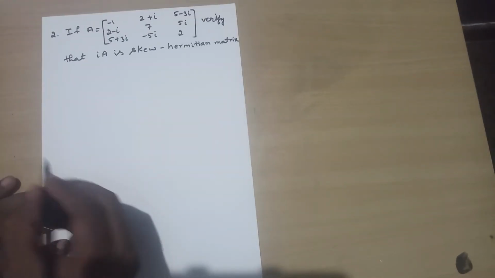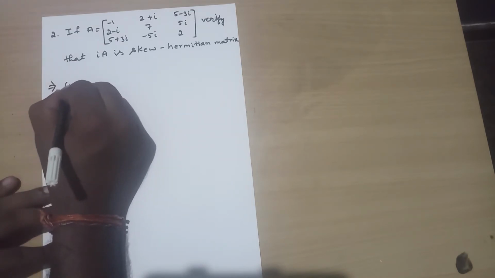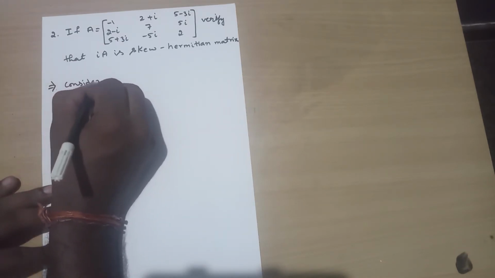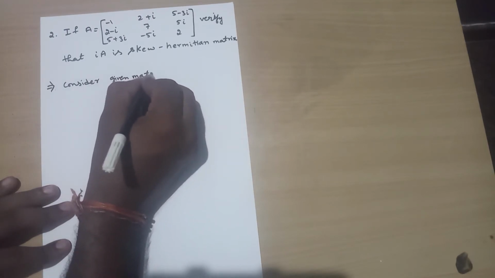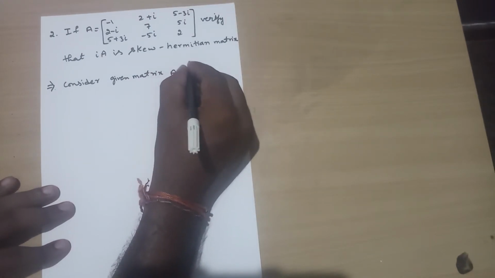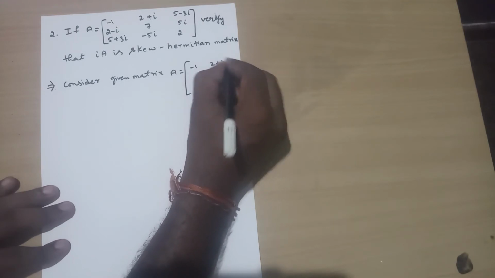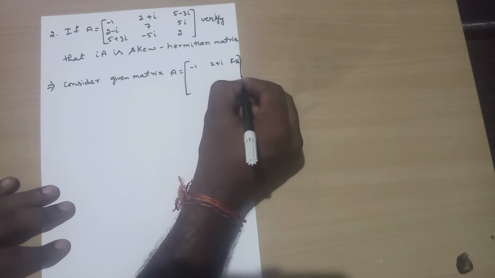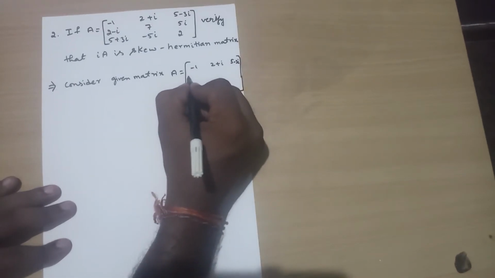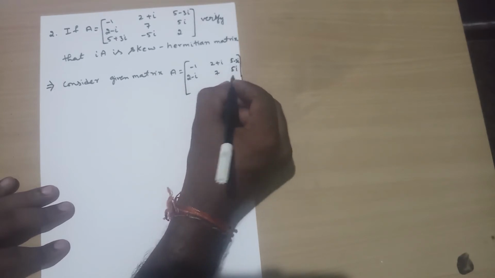Skew Hermitian matrix. Solution. Now consider the given matrix A equals, so minus 1, 2 plus i, 5 minus 3i. So here 2 minus i, 7, 5i.